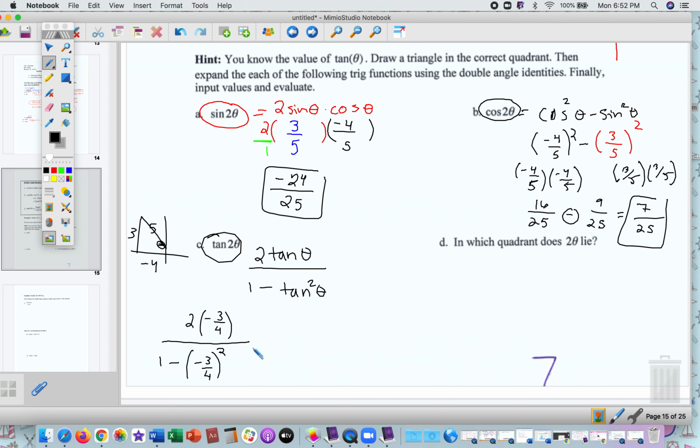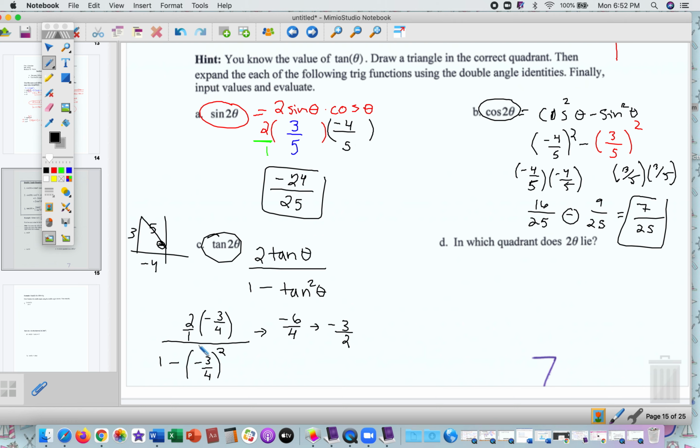Let's simplify in the numerator. So we have 2 times negative 3 is negative 6 over 4, which is going to become negative 3 over 2.